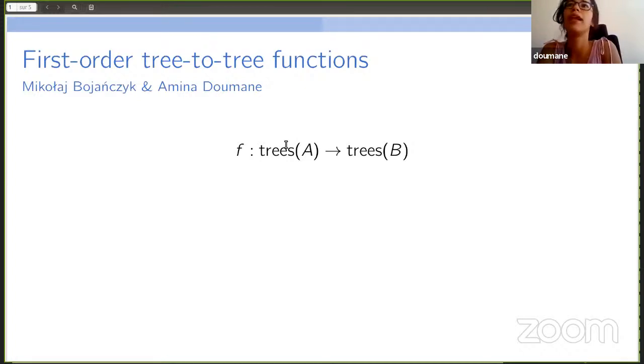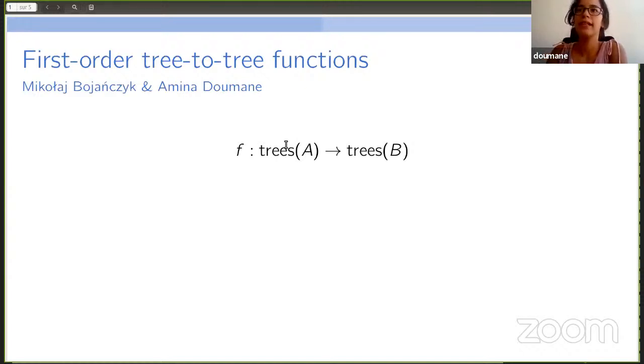This is a well-established class of tree-to-tree transductions, which have a logical characterization and a characterization based on automata.